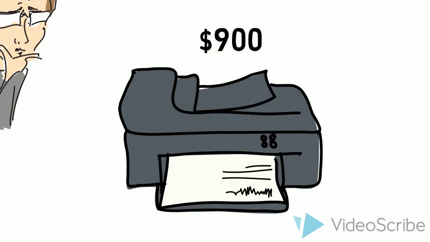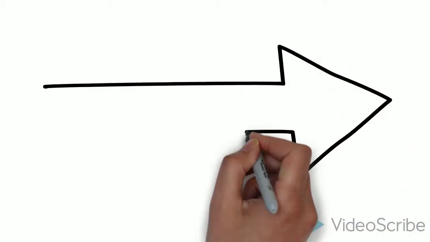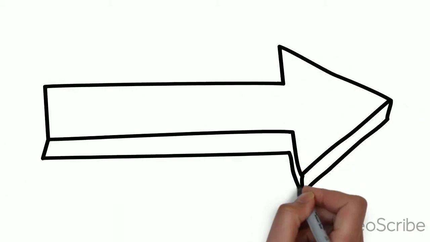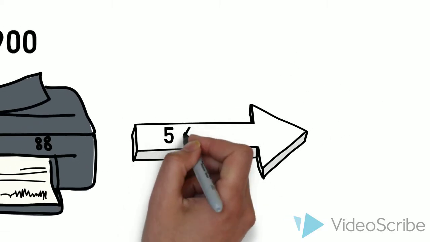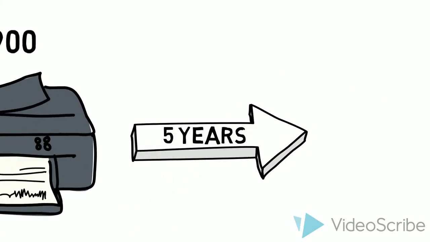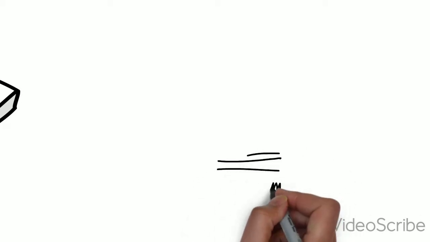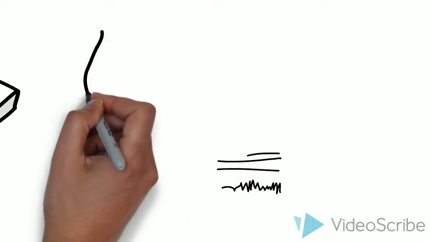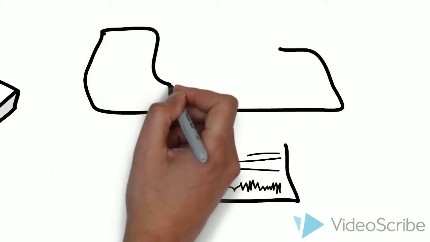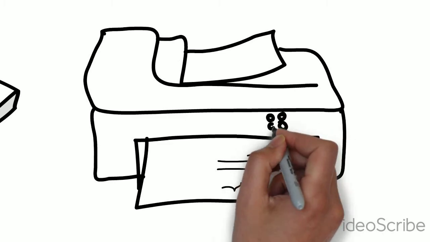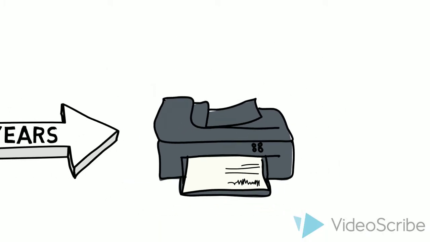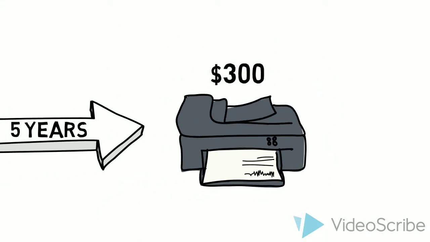And you plan on keeping this printer over the course of 5 years. At the end of these 5 years, you might want to have the newest model, so you'll want to get rid of your old printer and maybe sell it off at its residual value of $300.